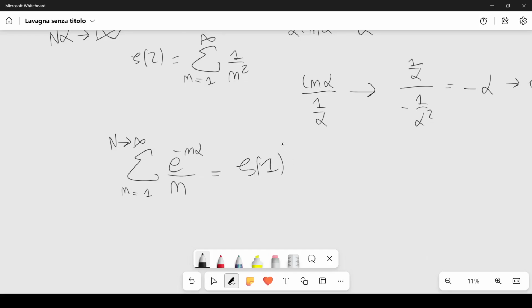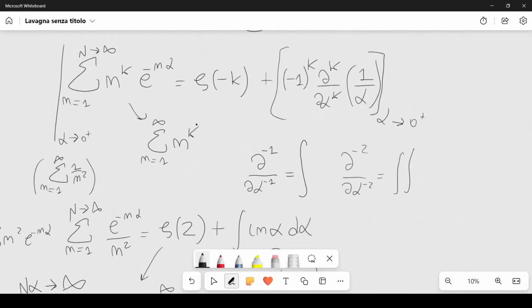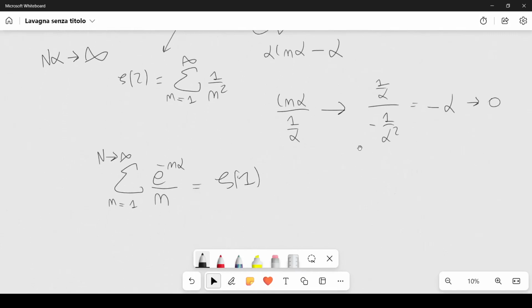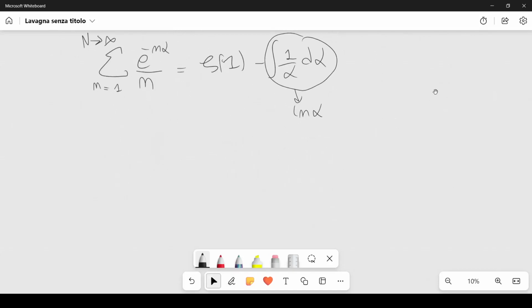And then if you put inside this formula k equal to minus 1, you have minus, and then you have the integral 1 over alpha d alpha. So this will give you log alpha, natural log alpha. Remember that alpha will go to 0.